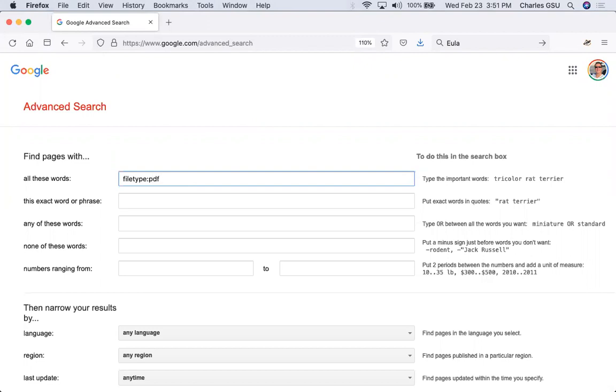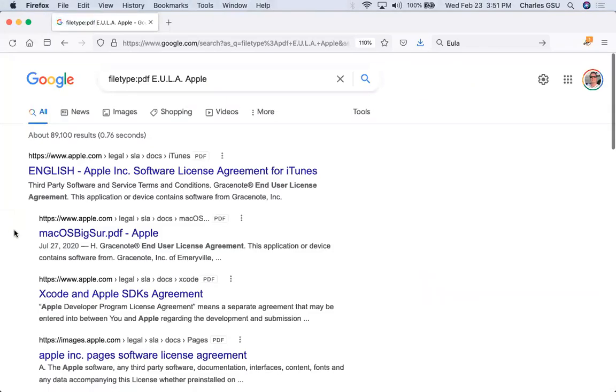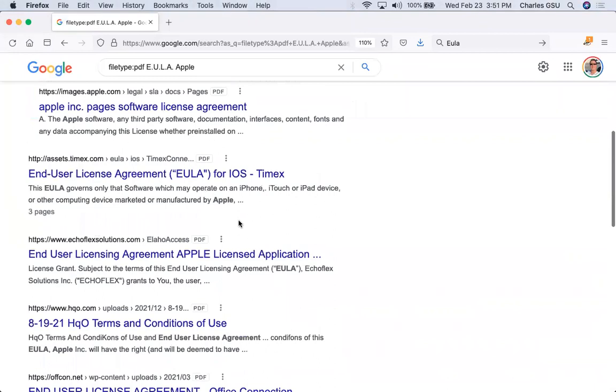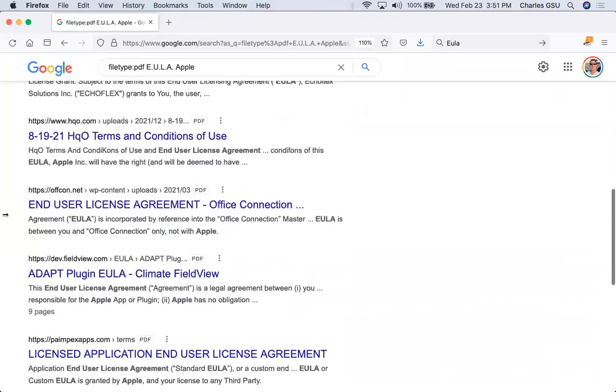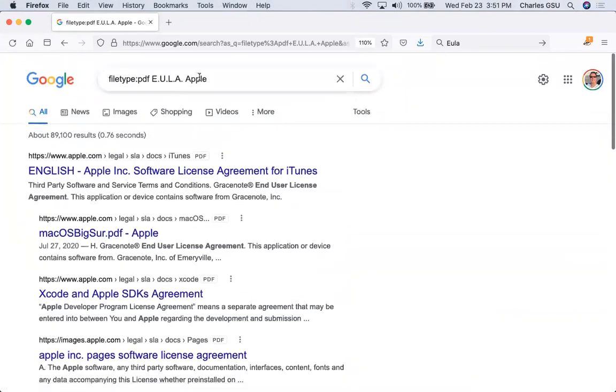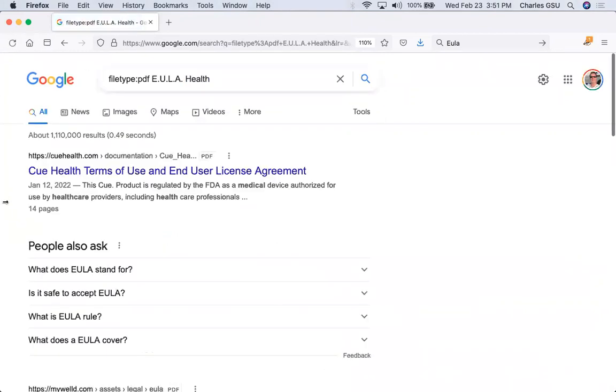Anyway, so I'm looking for a PDF, and I want a EULA or perhaps an Apple device. Okay, here is one for iTunes, for all kinds of different, let me see here. What about a health app?